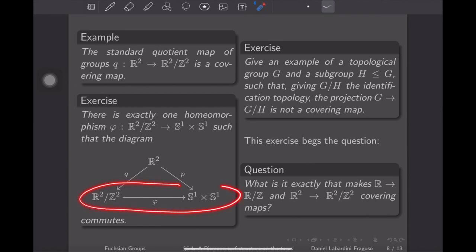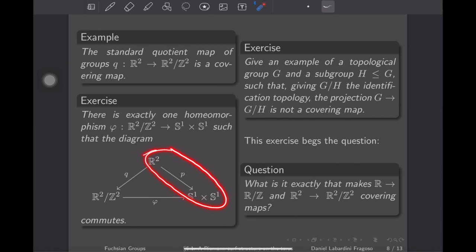So the two spaces are homeomorphic through a homeomorphism that allows me to think that this covering function is this one, but disguised.